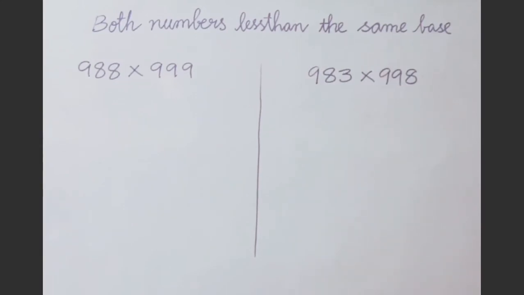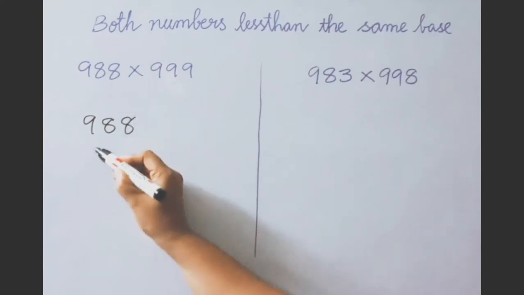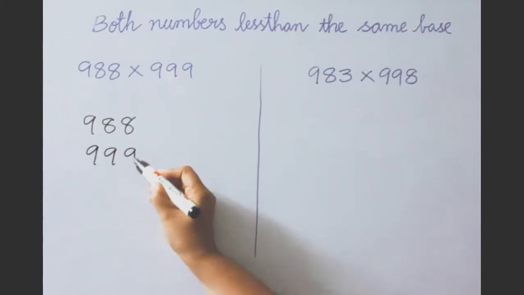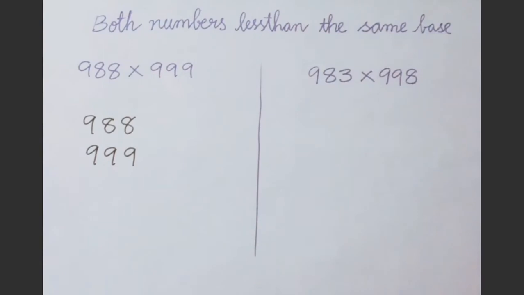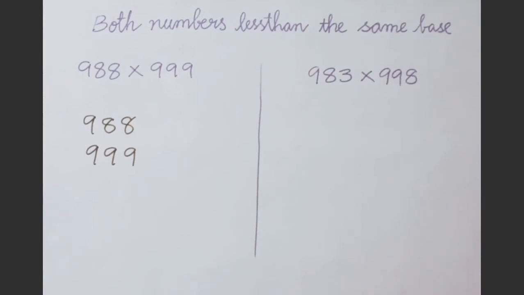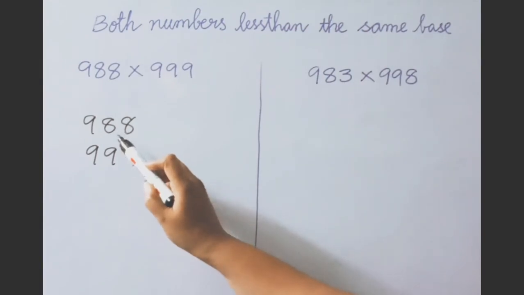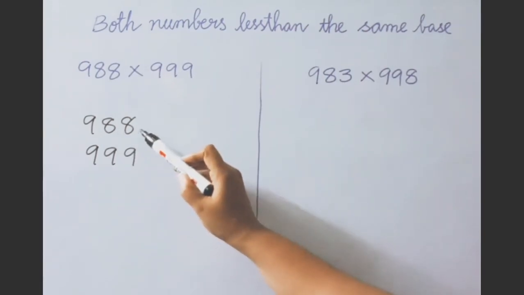See the next example, 988 multiplied by 999. So these two numbers are below 1000. So here our base number is 1000. Let us check how to find it. First step, 988, how much is it below 1000? That means we have to subtract 988 from 1000. To subtract that, subtract all digits from 9 and the last digit from 10.